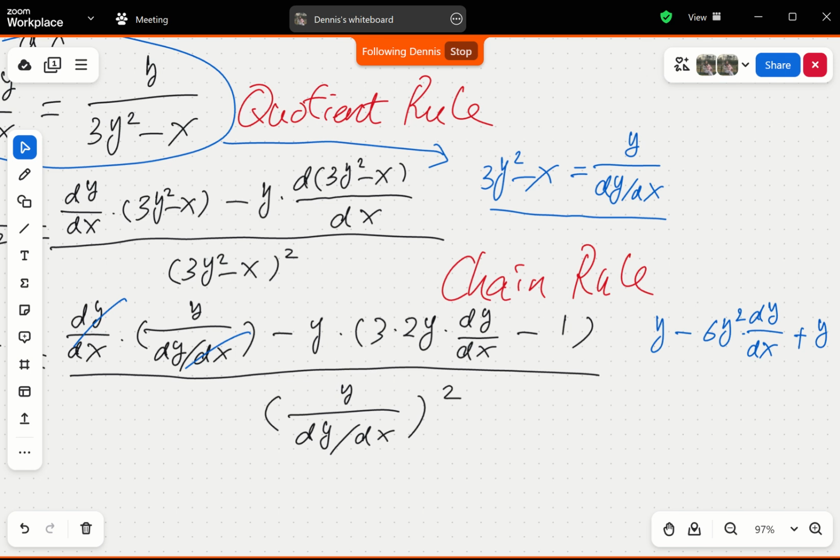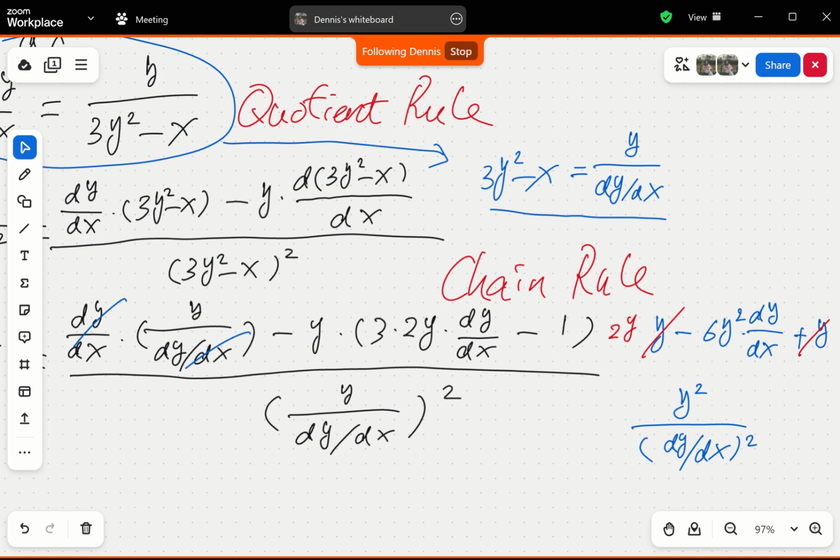And of course, this is just 2y minus 6y squared dy with respect to x for the numerator. And also the denominator is y squared. Let me write it in blue. It's y squared over dy with respect to x squared.